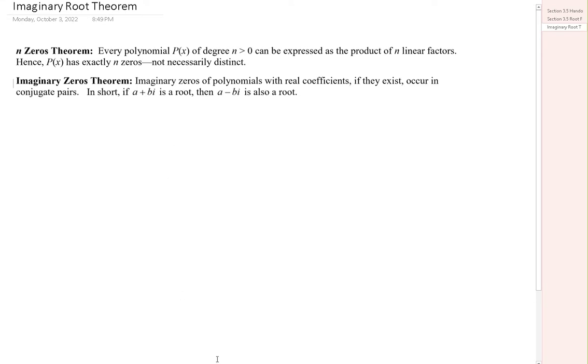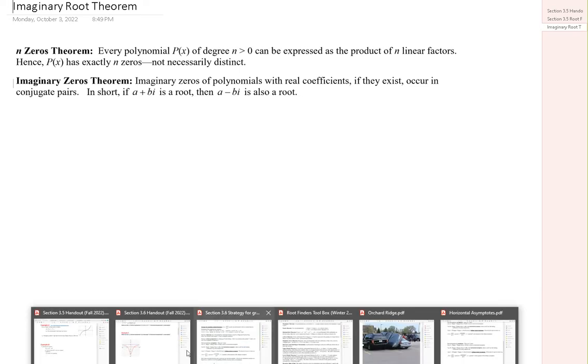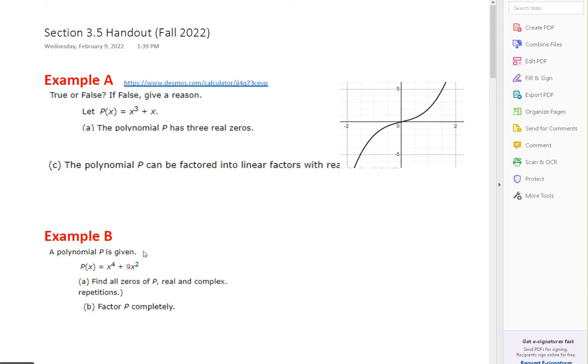But let's start by looking at example A, and let's do it on the handout here. It says, true or false, the polynomial P has 3 real zeros. I included the graph of P, at least a little bit of it. Let's take a look.